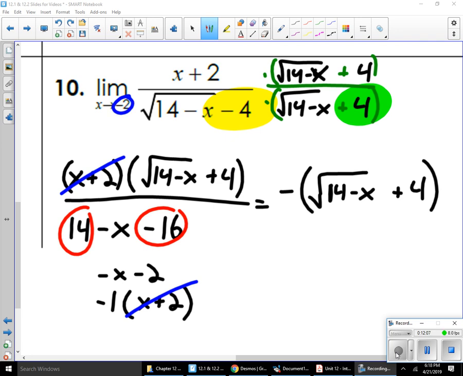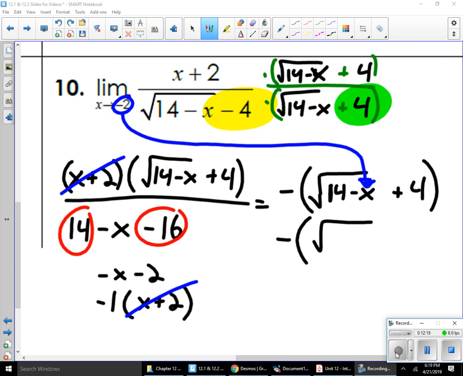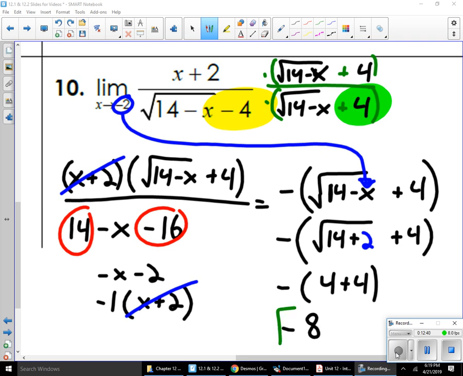So now that we got rid of that x plus 2 factor, we are good to use substitution here. So we'll have the opposite of the square root of 14 minus a negative 2, which just becomes plus 2, plus 4. So the square root of 14 plus 2, hey, that's going to be a 16. Square root of 16 is 4. 4 plus 4 is 8. That negative sign makes it a negative 8.